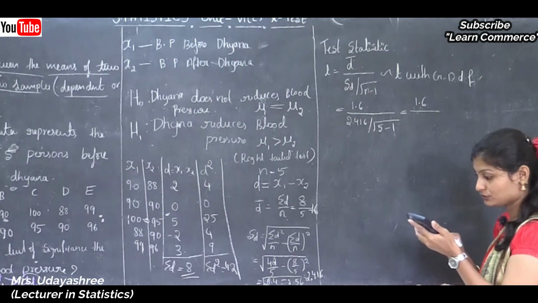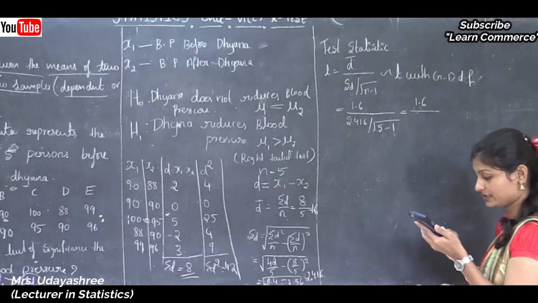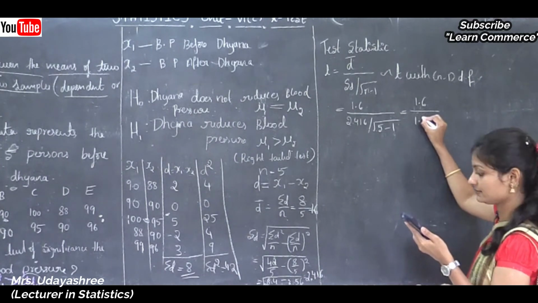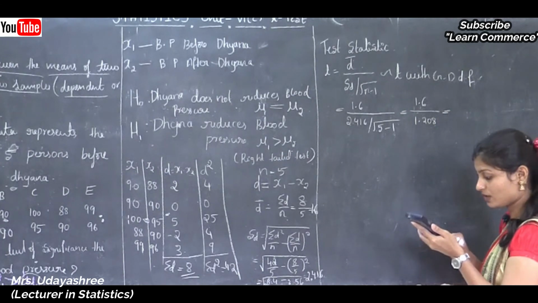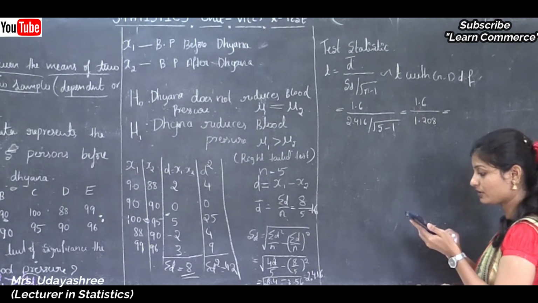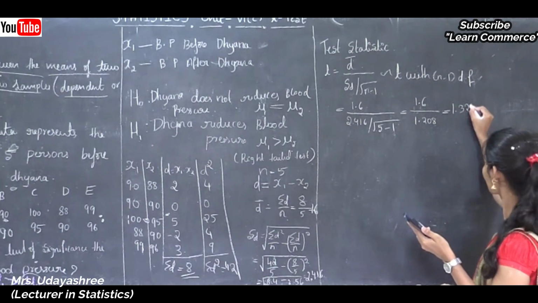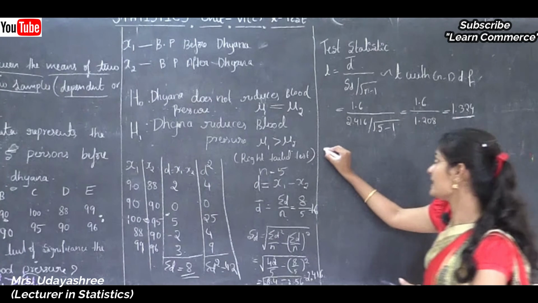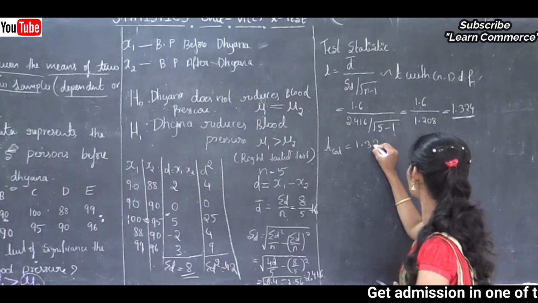So 2.416 divided by 2 is 1.208. So this is equal to 1.6 divided by 1.208, which is 1.324. This is the calculated answer. Here the calculated value is 1.324.